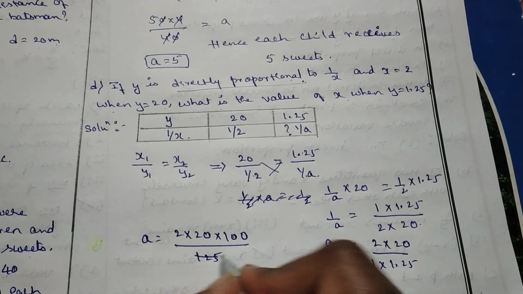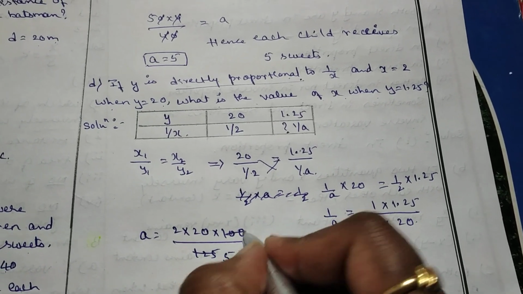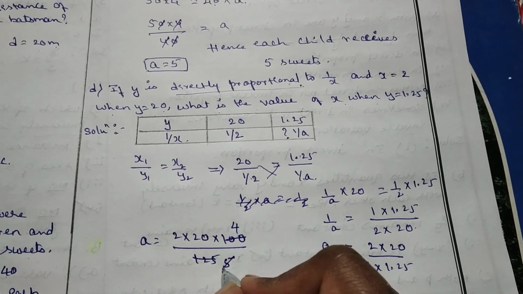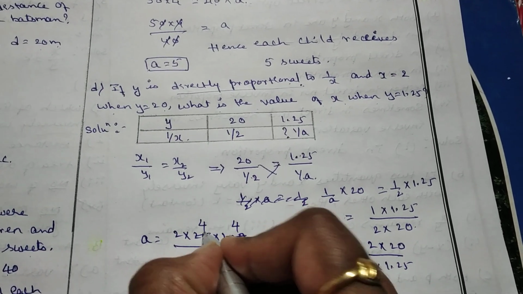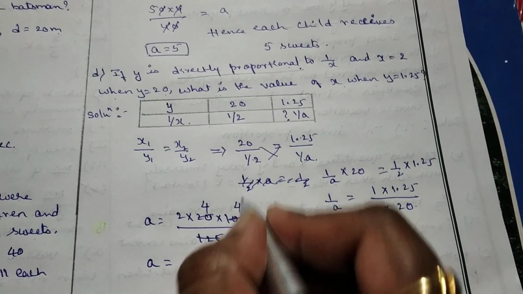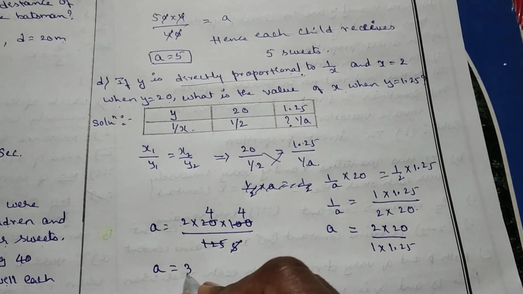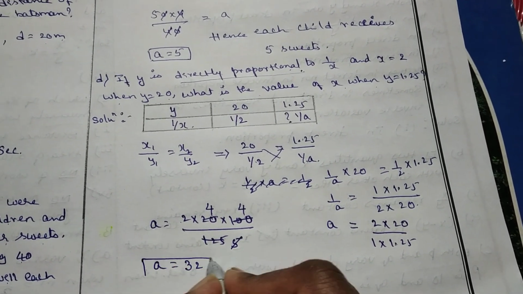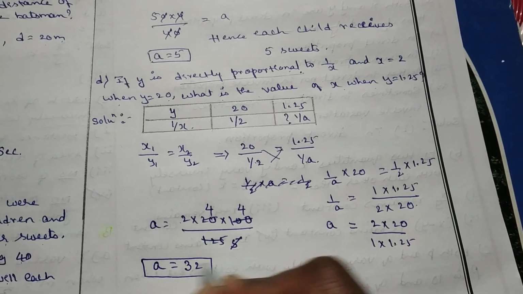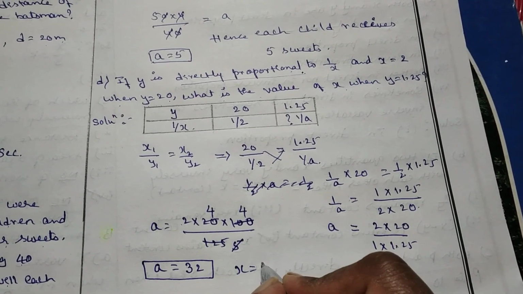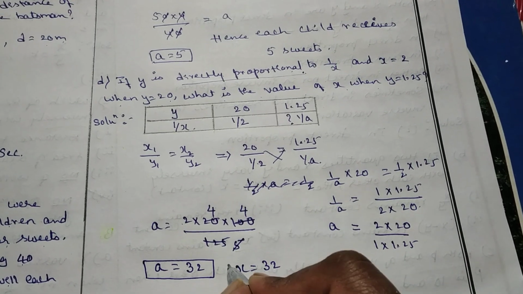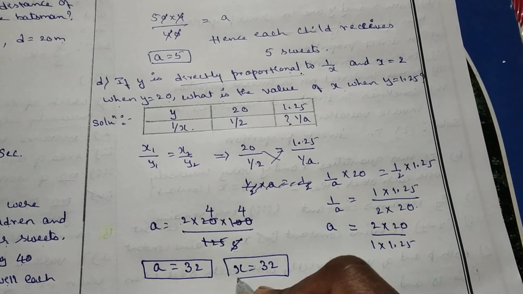Then 25 5s are 125, 25 4s are 100, 5 1s are 5, 4 4s are 16, 16 2s are 32. So the x value is x equal to 32.